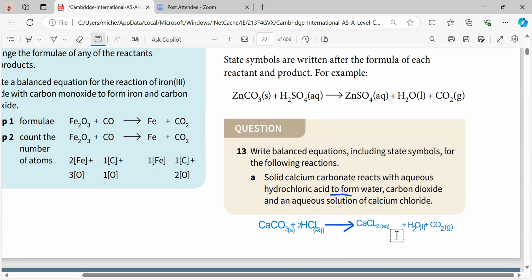So this one is solid, aqueous, again, liquid, and gas. So far, do you have any questions or do you need me to explain? And now I think we can move on to the next subchapter.